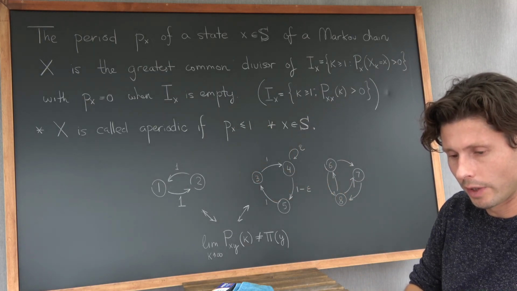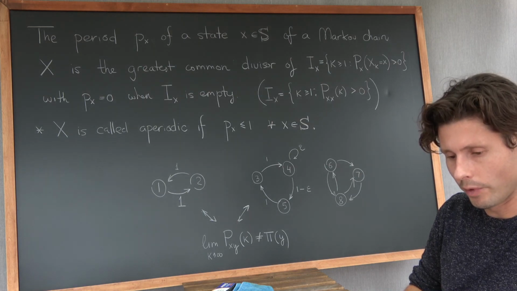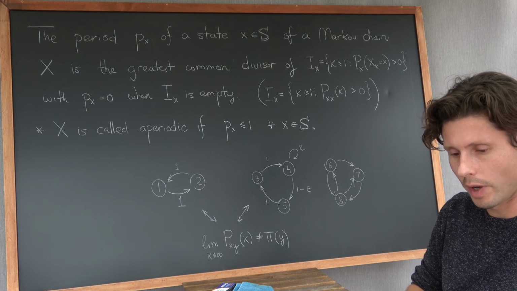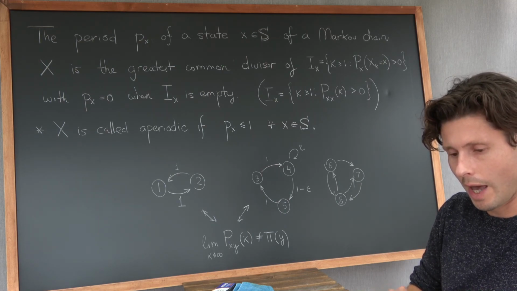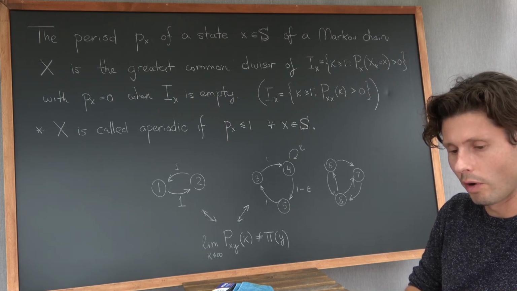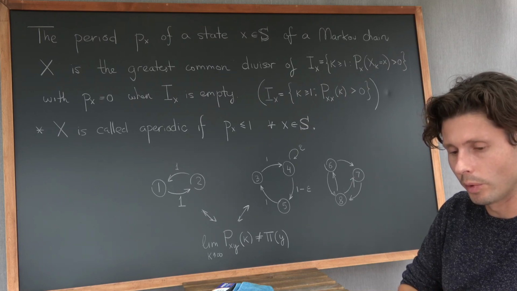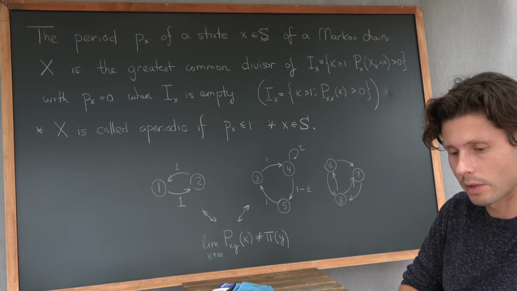And you can think about how that extends to a larger argument where you have some very complicated chain, regardless of how complicated, and it has a period that's greater than 1. Adding a self transition will immediately ensure that all states have a period less than or equal to 1, right? And so hopefully you can think through that exercise on your own.